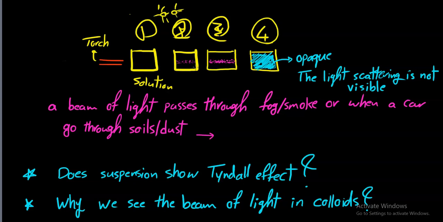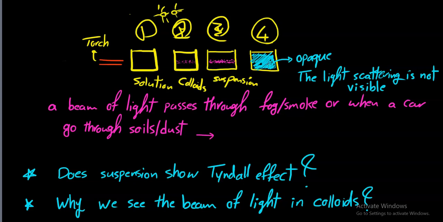Between these two, definitely this one is a colloid, and this one is a suspension. Why is the passage of light in sample number 3, the suspension, more visible than in sample number 2, the colloid? Because the particle size in a suspension is even bigger than the particle size in colloids. So the scattering of light in a suspension is bigger than the scattering of light in colloids.